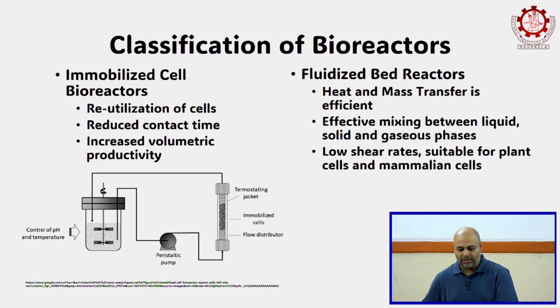Now, other classifications of bioreactors are immobilized cell bioreactors and the fluidized bed bioreactors. We did discuss the fluidized bed bioreactors a little bit. Immobilized cell bioreactors are where reutilization of cells is required.